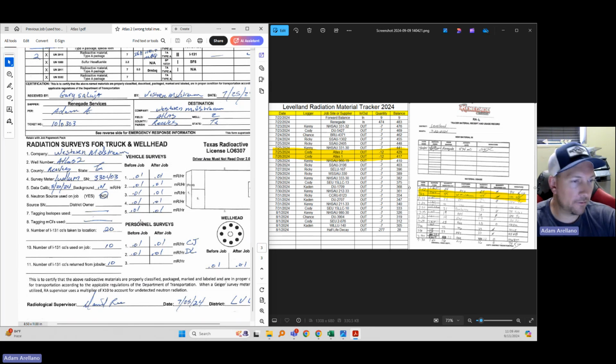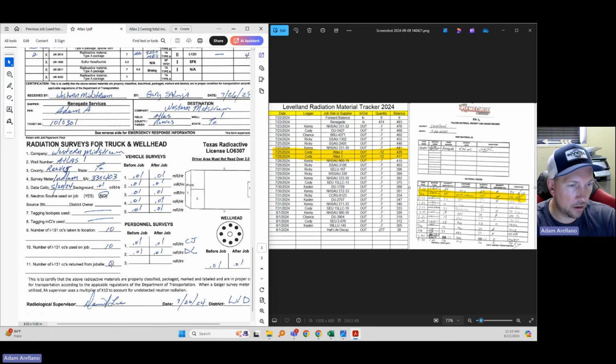So we went from 45 to 20 in 2 days, and that's way too much decay. And then we used it all by the end of the day. So we really disposed of 45 millicurie, 20 in each well. And I'm really only showing that they used maybe 10 or 12 in each job.